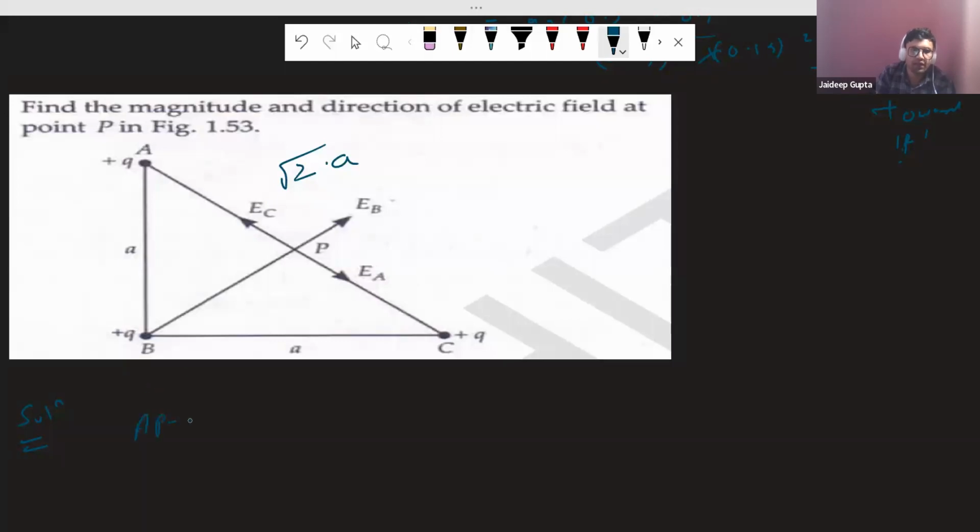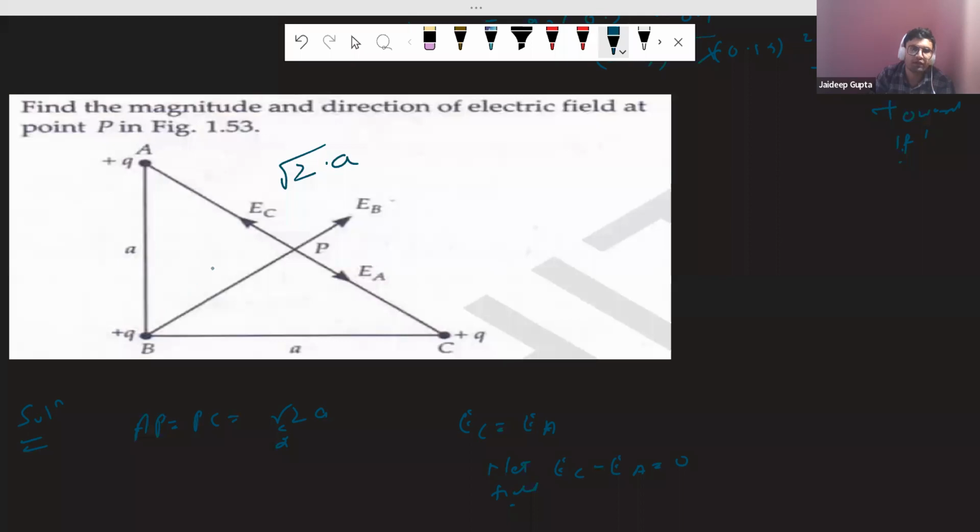So AP equals PC, that is root 2 over 2A. The distance is same. Due to this positive charge, the electric field is towards C, and due to the other positive charge, towards A. So EC equals EA, and the net field EC minus EA comes out equal to 0.